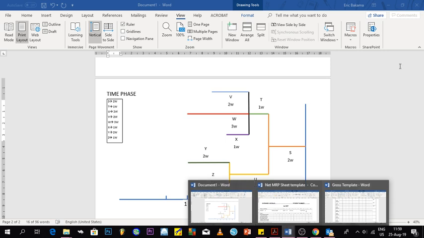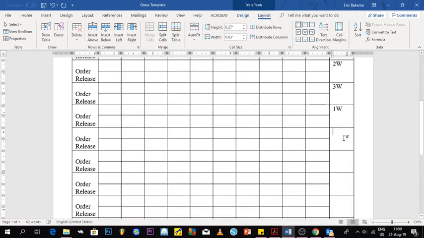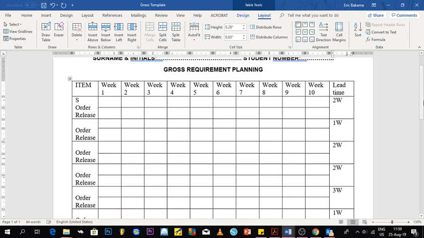After 1 week we have 2 weeks, and then 1 week again. So we have 2 weeks, then we have 1 week. Just want to fill all the components first.